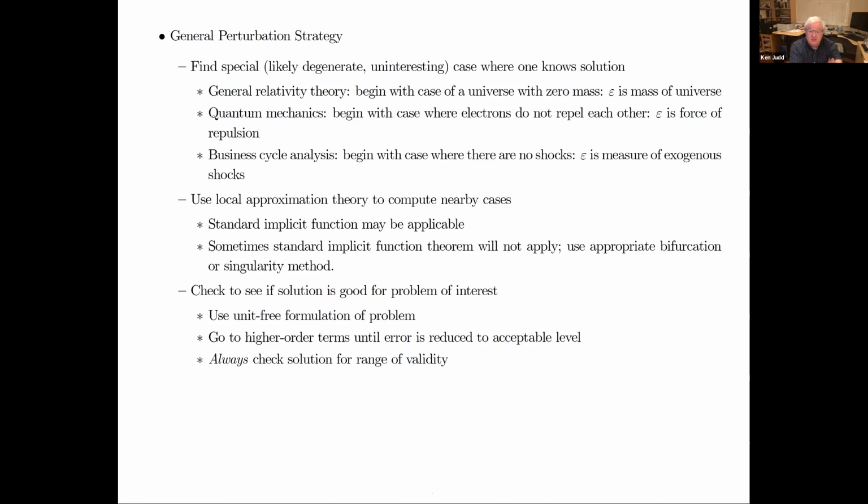One example is in general relativity theory. Now, general relativity theory is really a generalization of special relativity. See, special relativity is just a case where there's no mass in the universe. Special relativity is the theory of the universe when there's no mass.